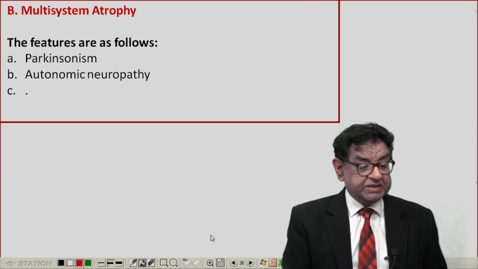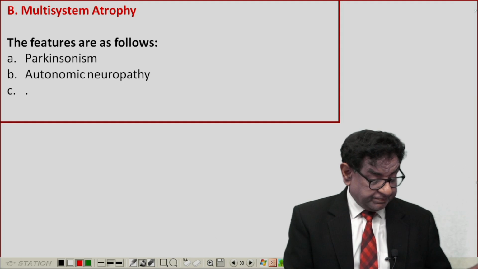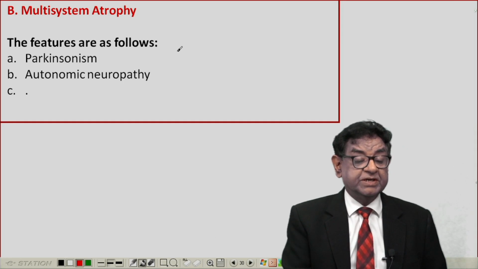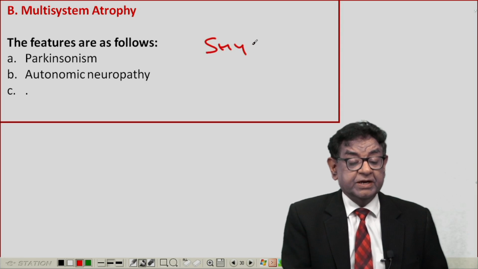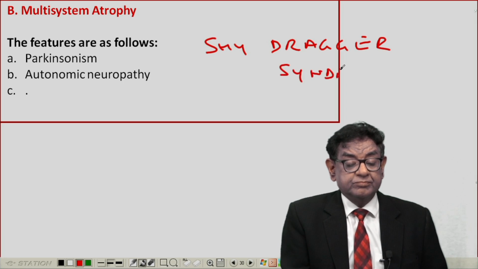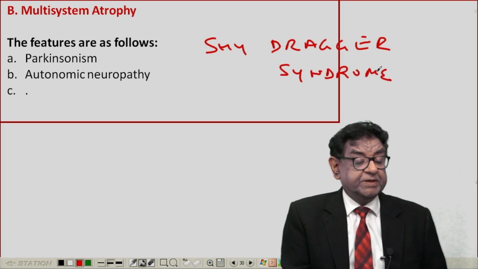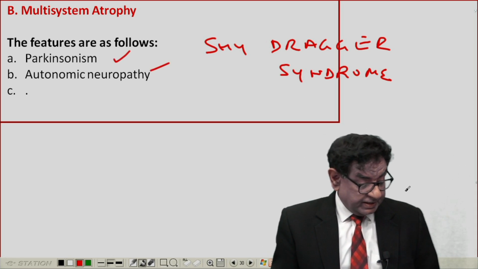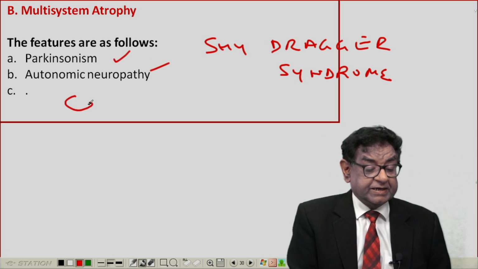Similarly, we have multisystem atrophy, the so-called Shy-Drager syndrome. The other name of this condition is Shy-Drager. In this, the patient has Parkinson and autonomic neuropathy, and the patient also has cerebellar ataxia.